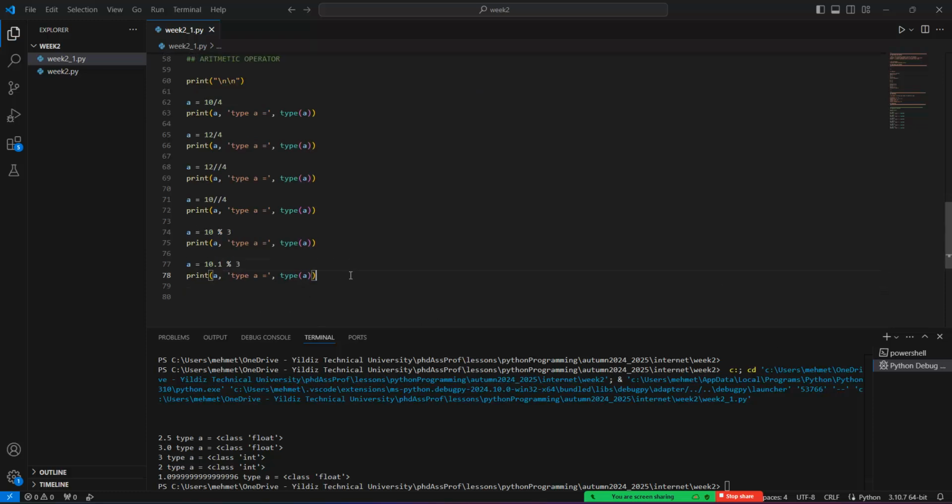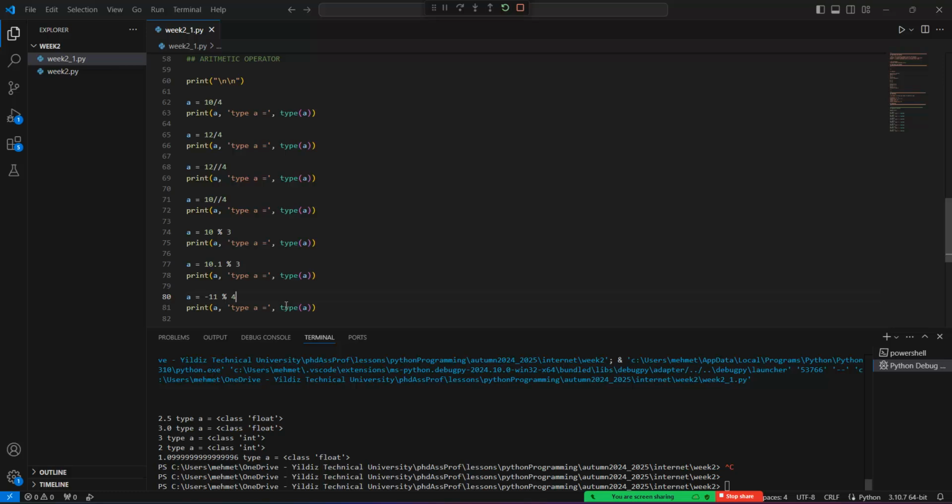Unlike other languages, minus 11 percent 4, the mod operator, gives us the real result here, which is 1. Because 12 divided by 4 gives 0 remainder, if we take the mod of minus 12, we will get 0.